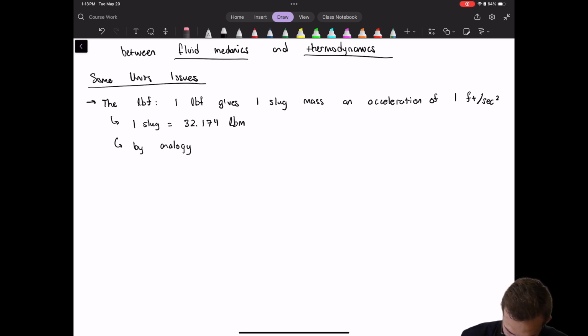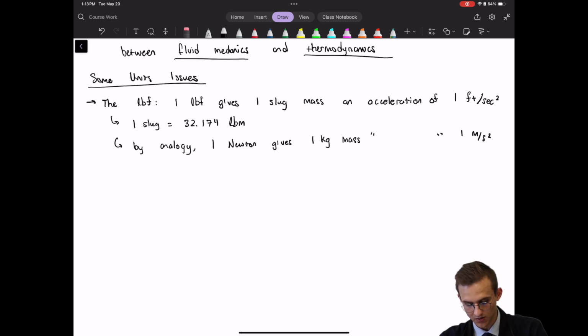So by analogy, 1 Newton gives a 1 kilogram mass an acceleration of 1 meter per second squared.